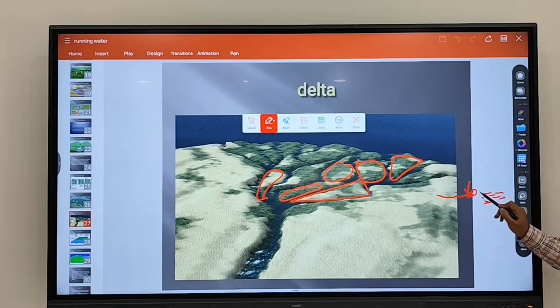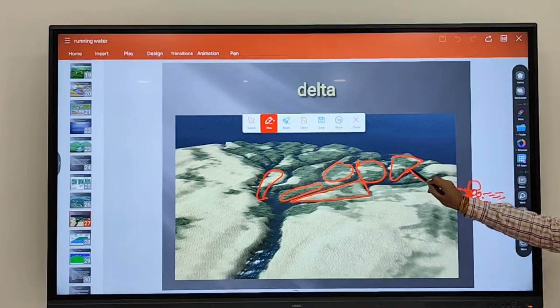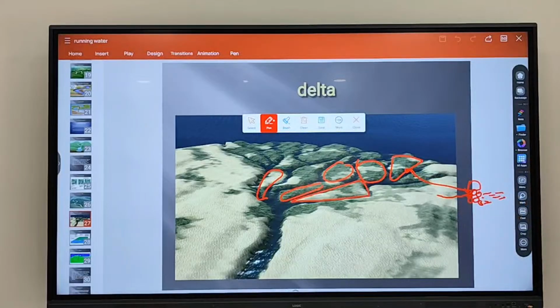As a result, they start depositing these sediments, and these sediments are referred to as the deltas. So when the river is about to join the sea or the oceans, it is not able to carry these sediments, and they are deposited over here, and that's why we get the formation of what we call deltas.